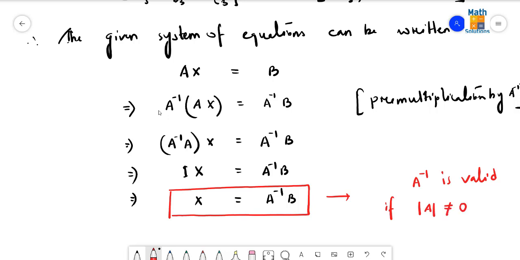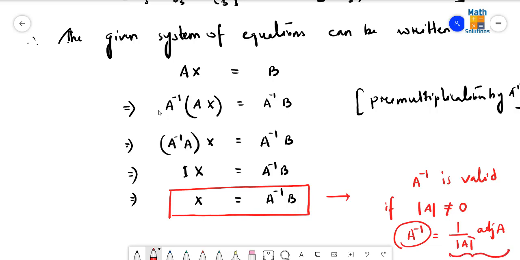The formula for A inverse, as we know, is 1 by determinant of A into adjoint of A. Now to find A inverse we must know these two quantities.